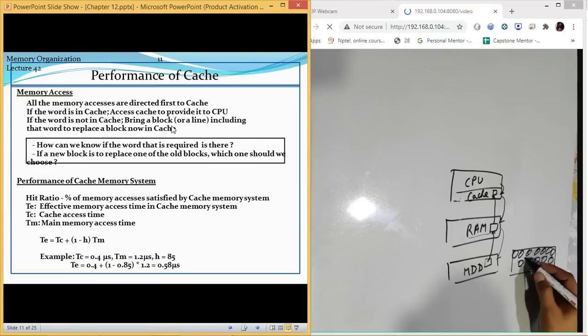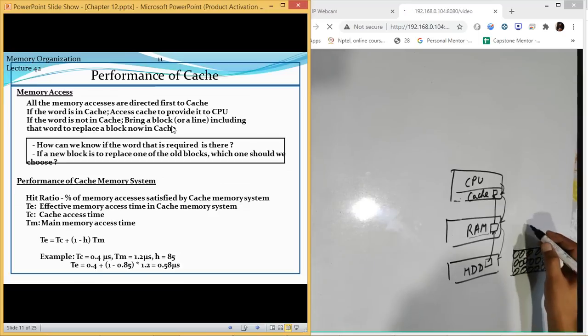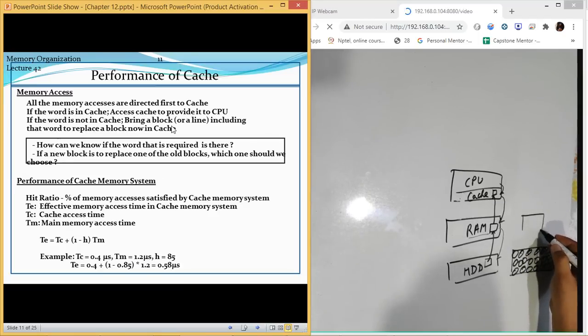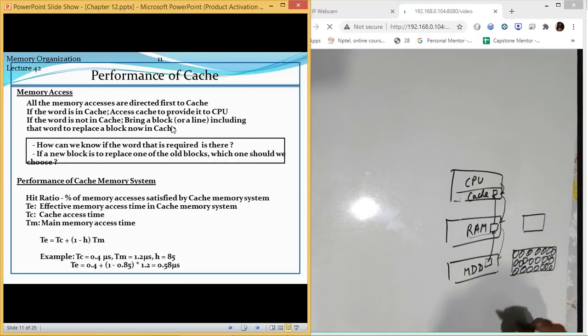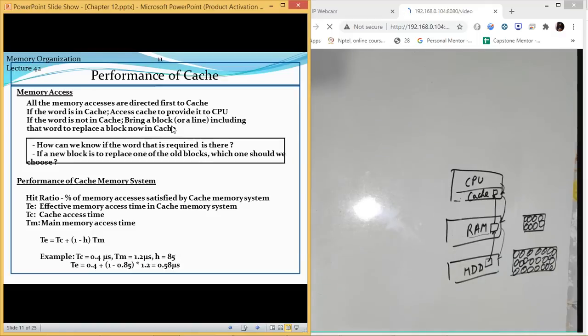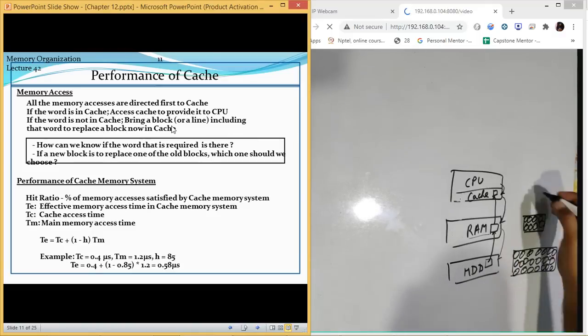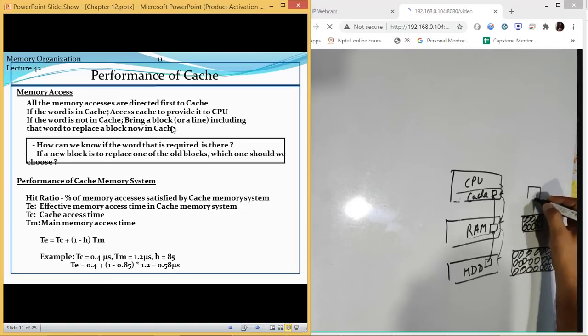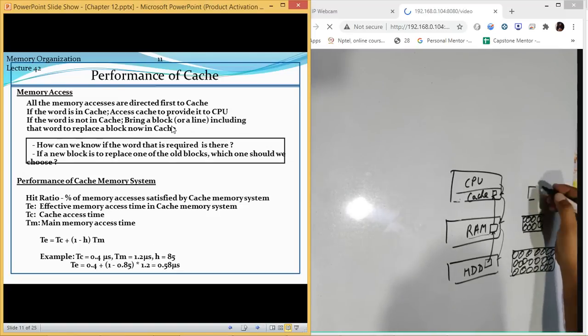It has more capacity to store more data. Whereas RAM is smaller as compared to the hard disk drive, so the amount of content it can store is less. Whereas the cache has a very small size.